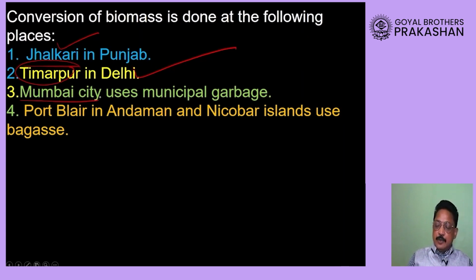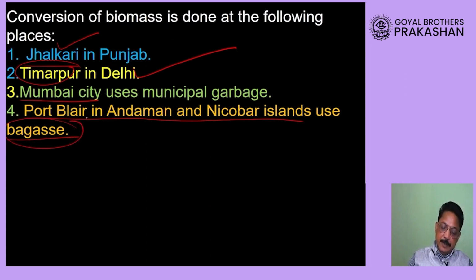Mumbai city also uses biomass in order to produce electricity, and of course Port Blair in Andaman Nicobar is also using bagasse. Bagasse is nothing but the leftover sugarcane. After we extract sugarcane juice, the leftover material is called bagasse, and Andaman Nicobar is using this bagasse, dear student, to produce energy.